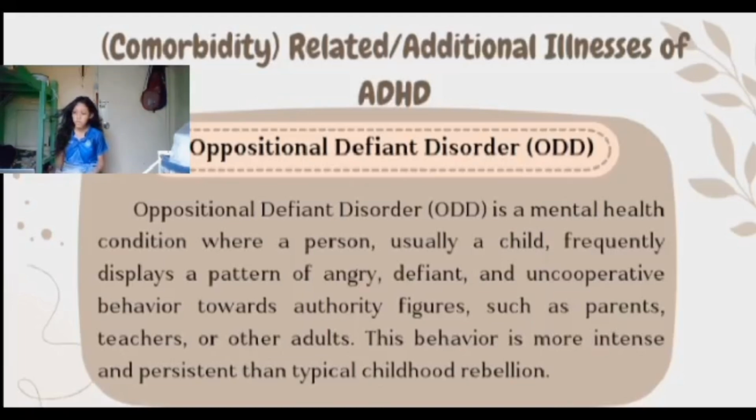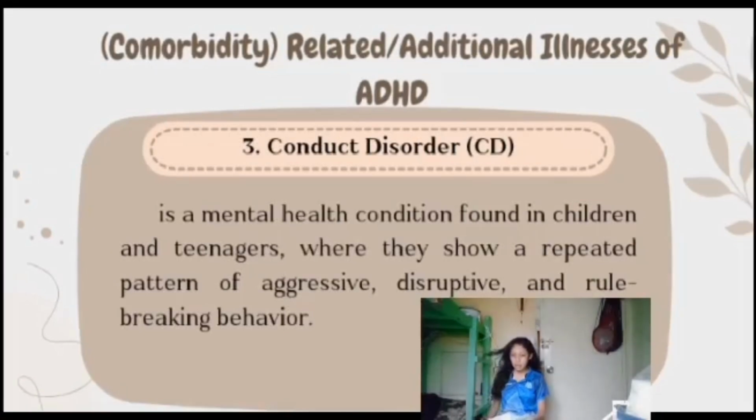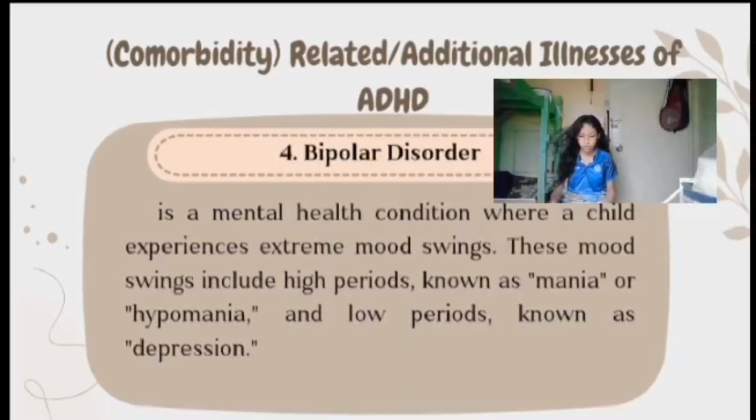This behavior is more intense and persistent than typical childhood rebellion. Next, we have conduct disorder or CD. It is a mental health condition found in children and teenagers where they show a repeated pattern of aggressive, disruptive, and rule-breaking behavior.